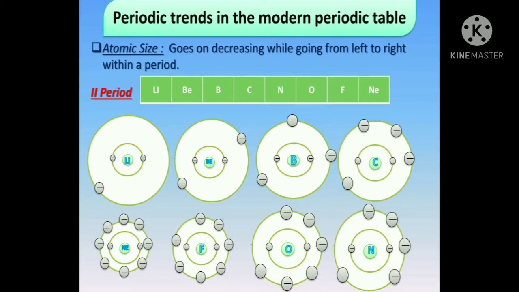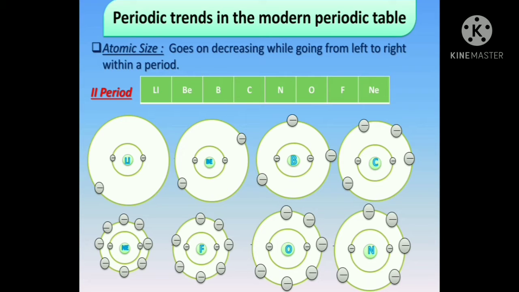What you can see here, all the atoms starting from lithium, beryllium, boron, carbon, nitrogen, oxygen, fluorine and neon are given here. Actually, the number of electrons is increasing, but the electronic shells are not increasing. That is why they are in the second period.